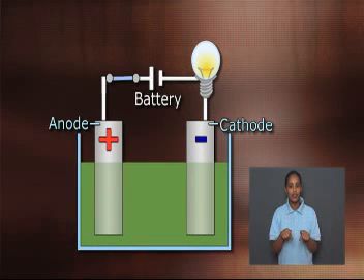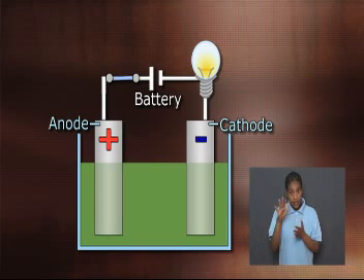Today, we are going to look at electrolytic conductors. This type of conductor uses an electrolytic solution, or an electrolyte, as well as electrodes, known as the anode and cathode, to form electrolytic cells.